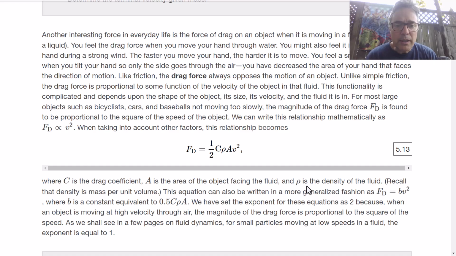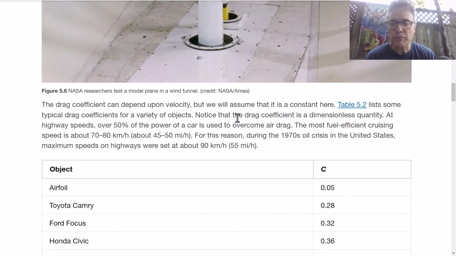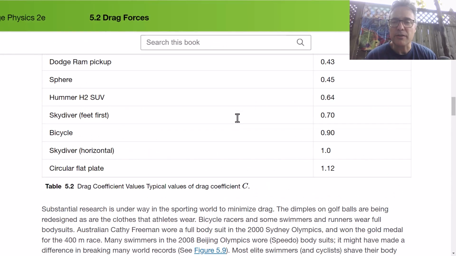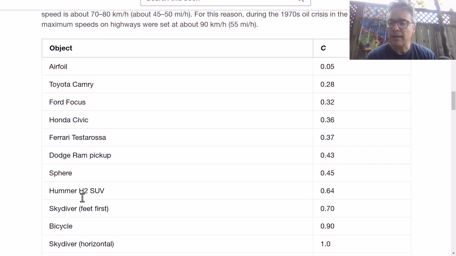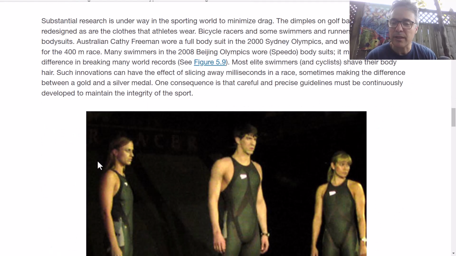And rho is the density of the fluid, so the density of the air or something, in kilograms per meter cubed. There's not much you can really do with this equation, but you can calculate terminal velocity. There are different dimensionless drag coefficients for different shapes, and I guess surface properties, how slippery it is or something.